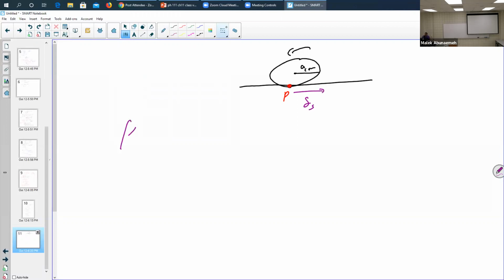So your kinetic energy, which is going to be what? 1/2 I omega squared. Again, let me just write this down. This is angular speed, and that's rotational inertia.